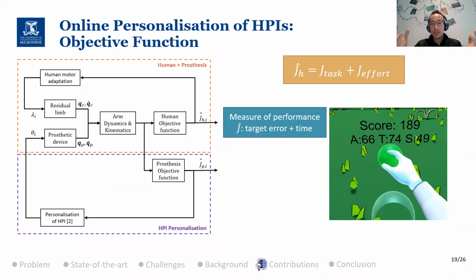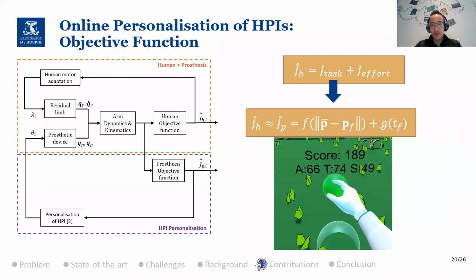Now, in general, it is widely agreed that we optimize some measure of the task and some measure of our effort to do things, from multiple perspectives: physical, cognitive, and so on. And we approached it from the task perspective, trying to optimize for the task by showing you this score that you need to work towards.